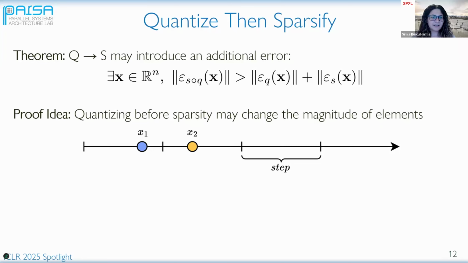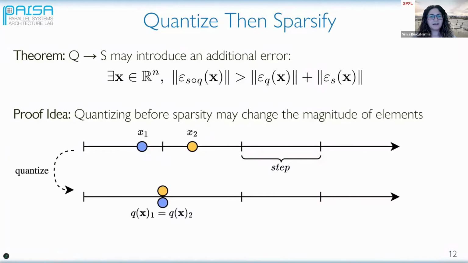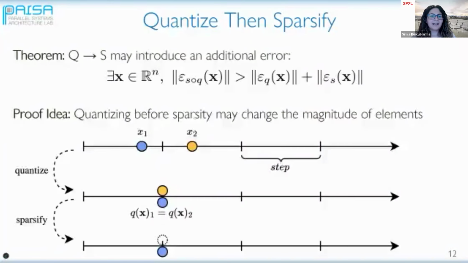We have x1 and x2 here, and the step here is the distance between two quantization bins. So the quantization operation will map the original elements into these bins here. Now, because of rounding, these two values can be mapped to the exact same bin as we saw in the beginning of the talk. And now when we sparsify, we may prune the originally larger element, leading to higher transformation error.